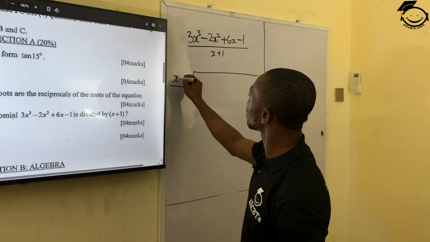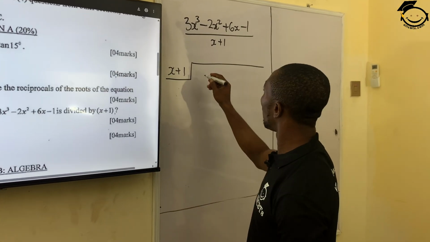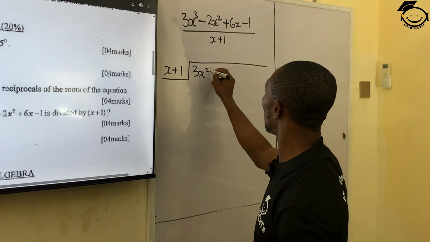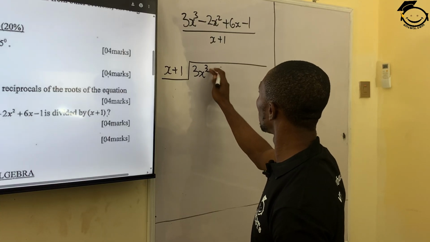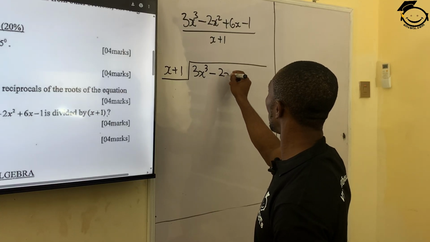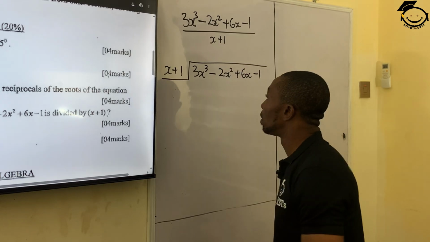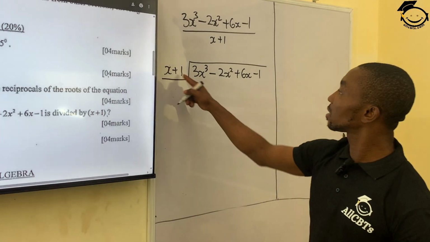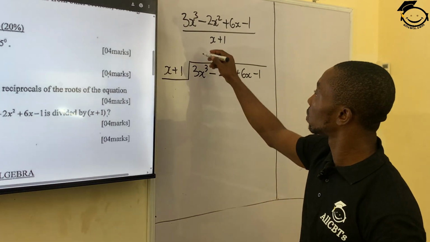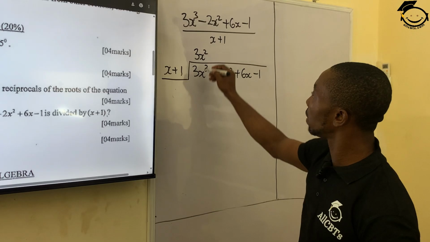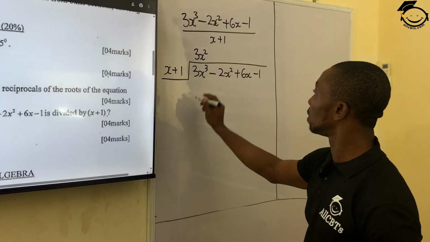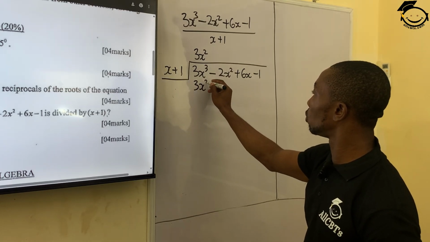We have x plus 1, and we have 3x cubed minus 2x squared plus 6x minus 1. Now, let's go. x into this will give us 3x squared. 3x squared times this will give us 3x cubed.